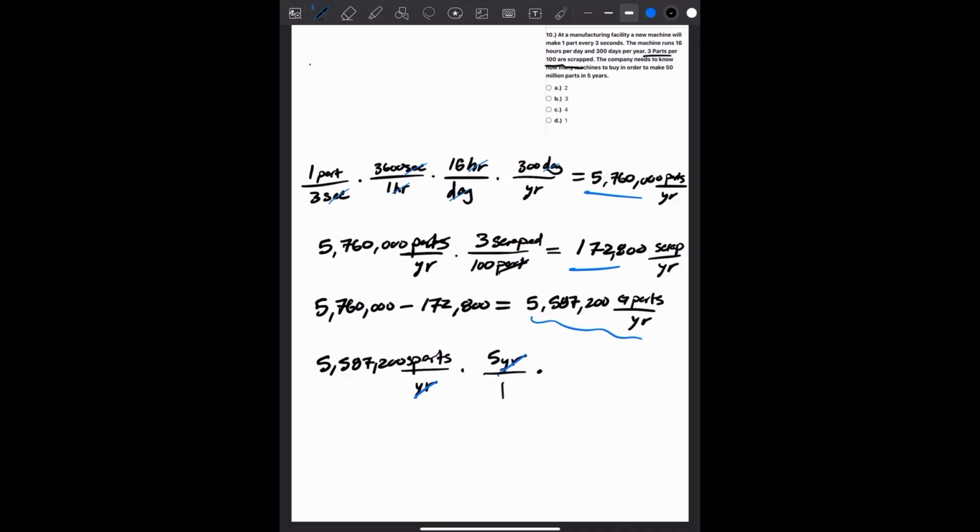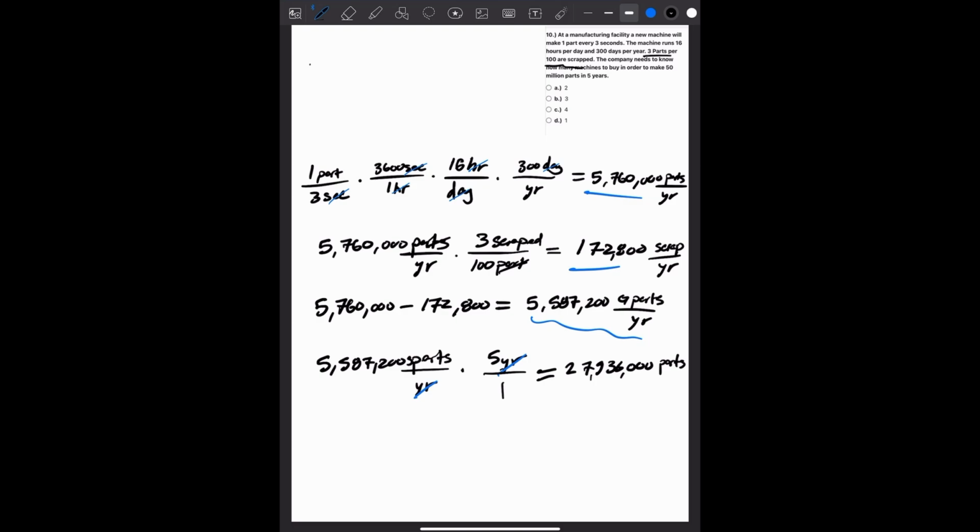And we would get 27,936,000. So 27.9 million. So, okay, we arrive at this. This is how many good parts you're going to make in 5 years.